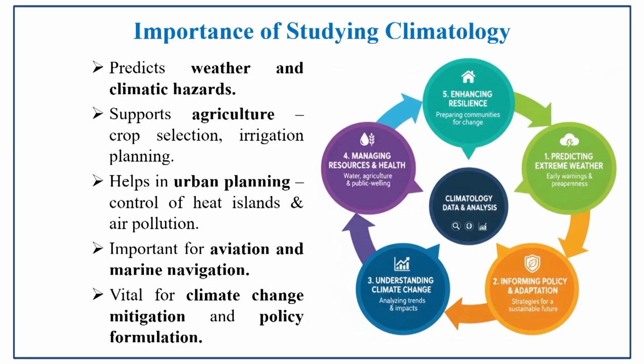And the next one is marine navigation. Marine navigation is also one of the important factors. While traveling in a ship, storms, hurricanes and other climatological phenomena or weather conditions will influence or affect the navigation of the ship. So, if we study climatology, we can manage it efficiently.